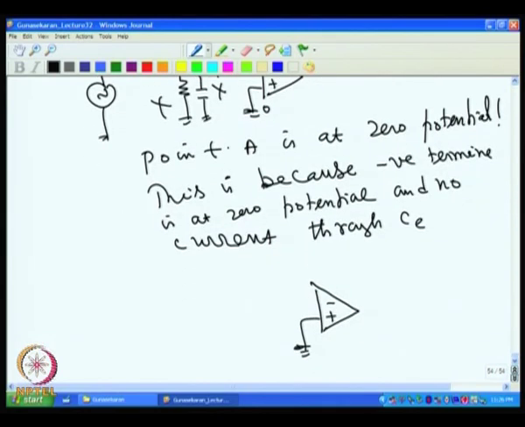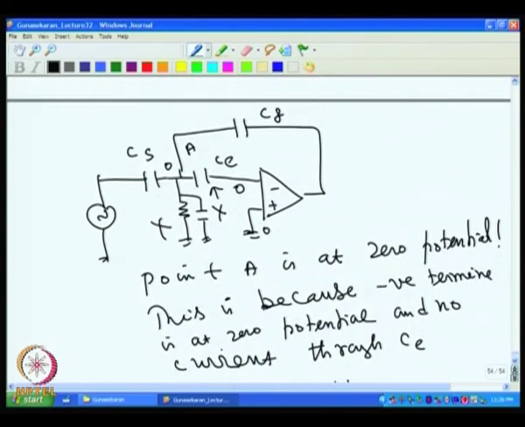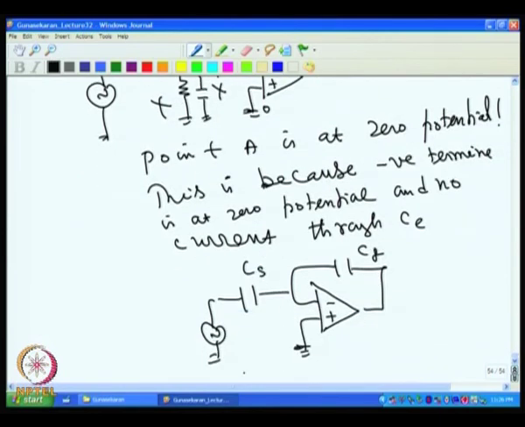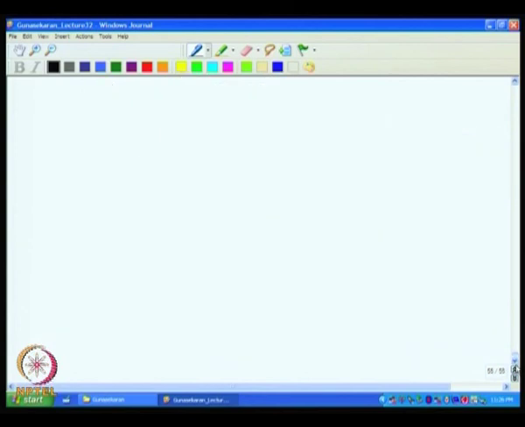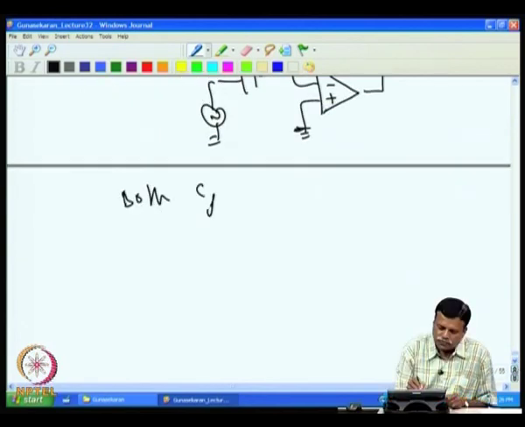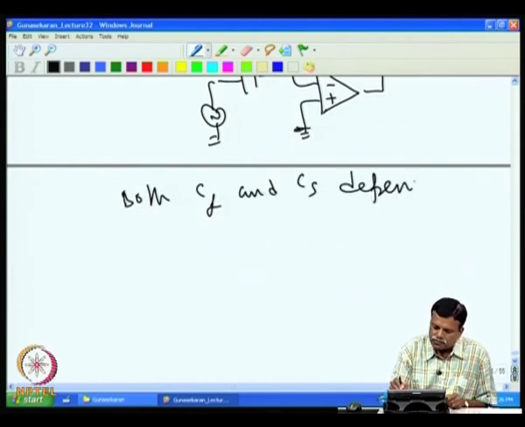So, the equivalent circuit becomes simply the two capacitors, CF and CS. Both CS and CF depend on the water level.